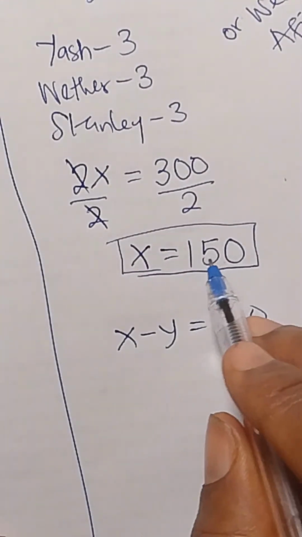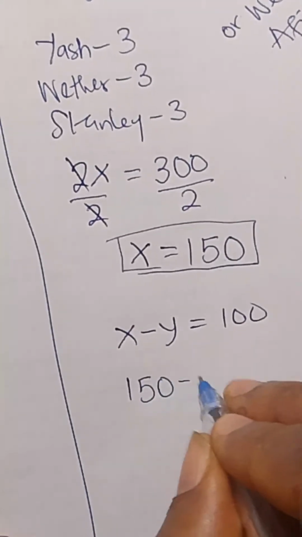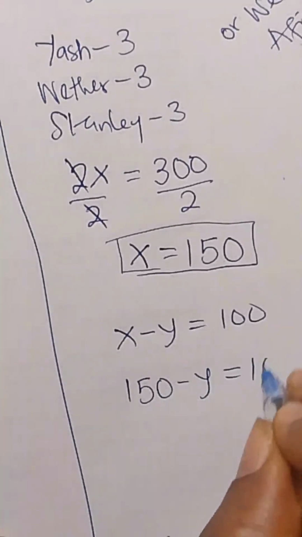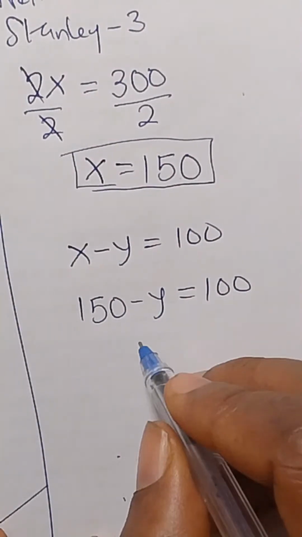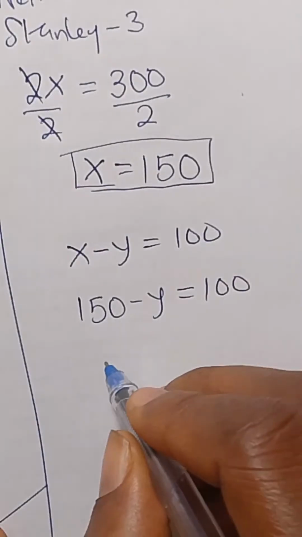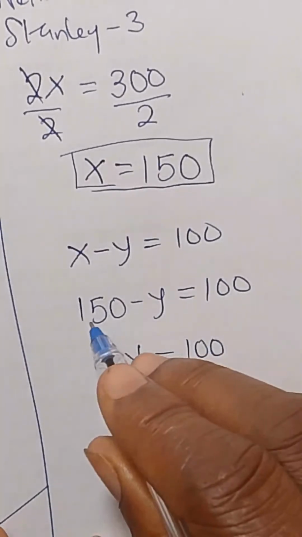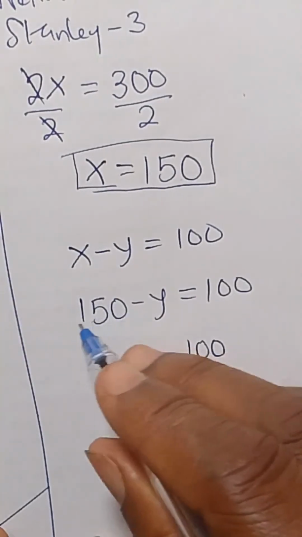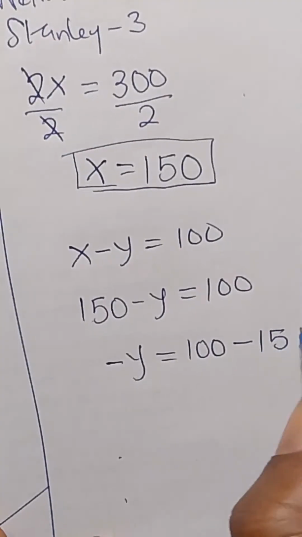Our x is 150, so we have 150 minus y equals 100. Then we have minus y equal to 100 minus 150, as the plus 150 crosses the equality sign and becomes minus 150.